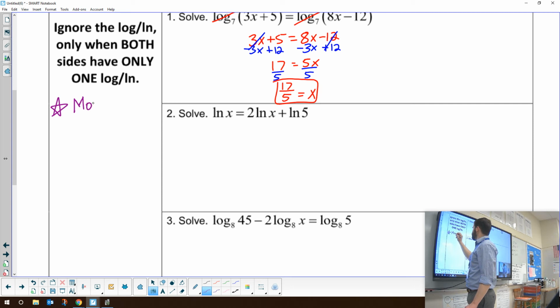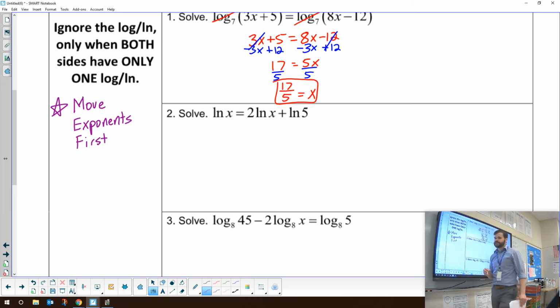Let's first remember, whenever we condense, my first step is that I'm going to need to move my exponents first. What I mean by that is this 2 in front. Before I can condense, I need to move that 2 to be my exponent here.